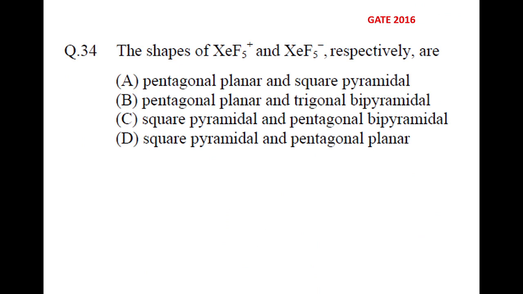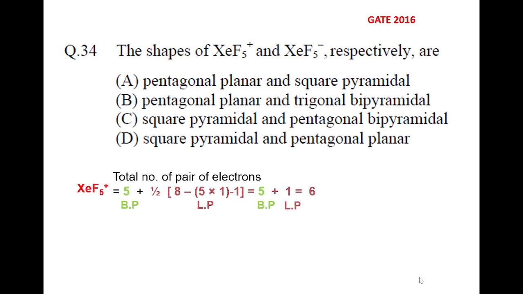So moving to the next question: shape of XeF5 plus, XeF5 minus respectively. Very, very simple. You will calculate XeF5 plus. So how many bond pair? 5 bond pair, 1 lone pair of electrons. The shape is nothing but square pyramidal.